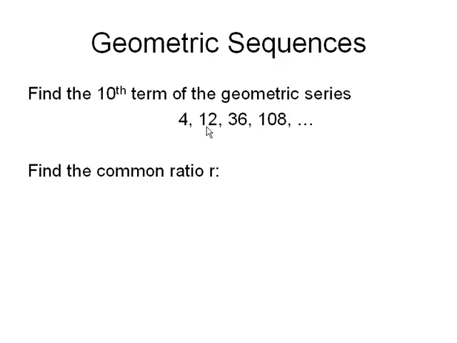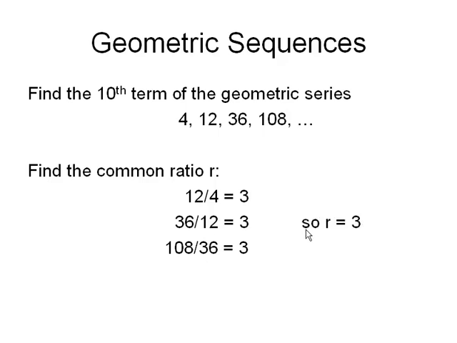So 12 over 4 is 3, 36 over 12 is also 3, and 108 over 36 is 3. You can see why they call it the common ratio, because when I calculate these ratios, I get the number 3. So my R value is equal to 3.